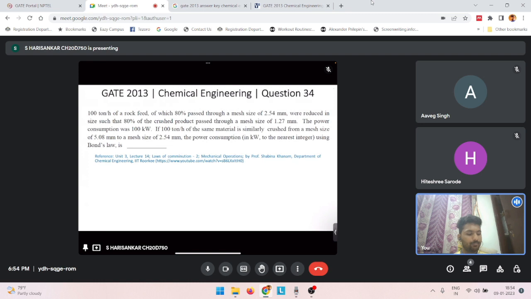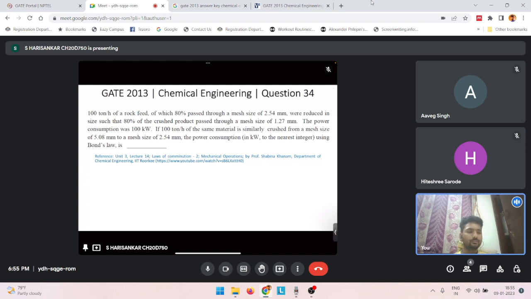The power consumption was 100 kilowatts. If 100 ton per hour of the same material is similarly crushed from a mesh size of 5.08 mm to a mesh size of 2.54 mm, the power consumption in kilowatt to the nearest integer, using Bond's law, is dash.